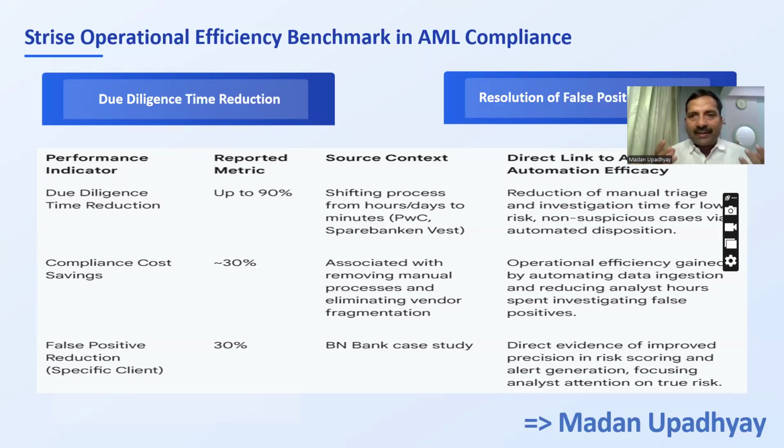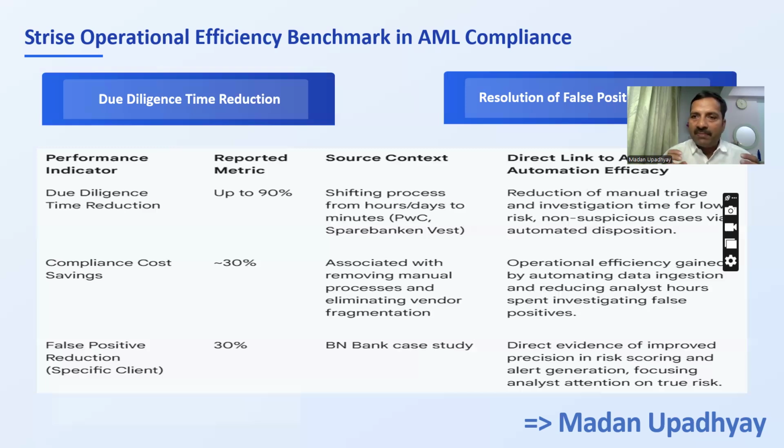In their case, there are two areas that have created a large impact. One is the due diligence time reduction, and the second one is the reduction of false positive alerts. So let's understand what this business use case essentially is.